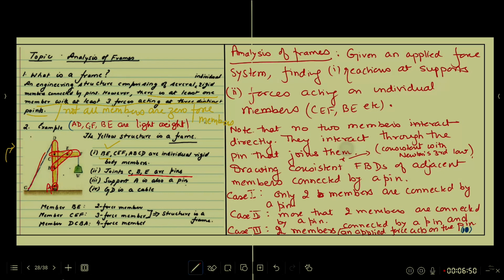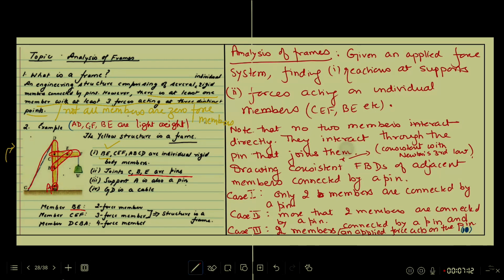So there are three members. If you pay attention to member BE, that member is a two force member. BE is a two force member. But you may say that, okay, at B there is a force, at E there is a force, but there should also be the self weight of the member.